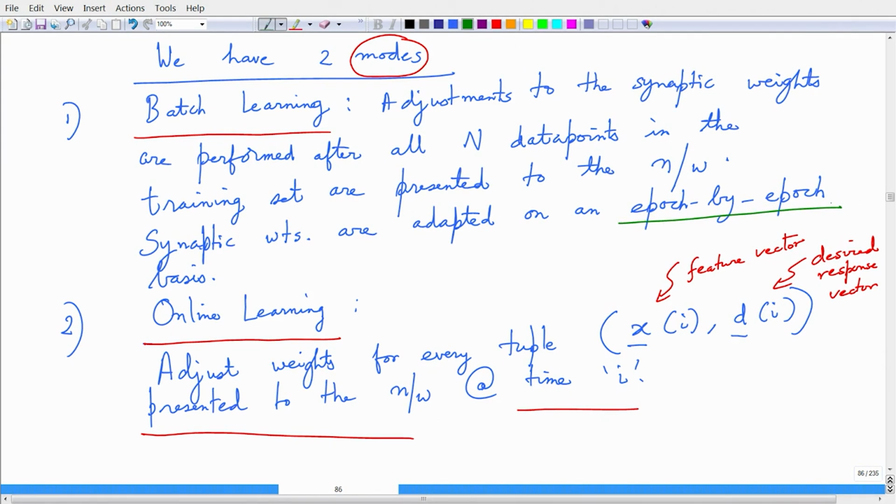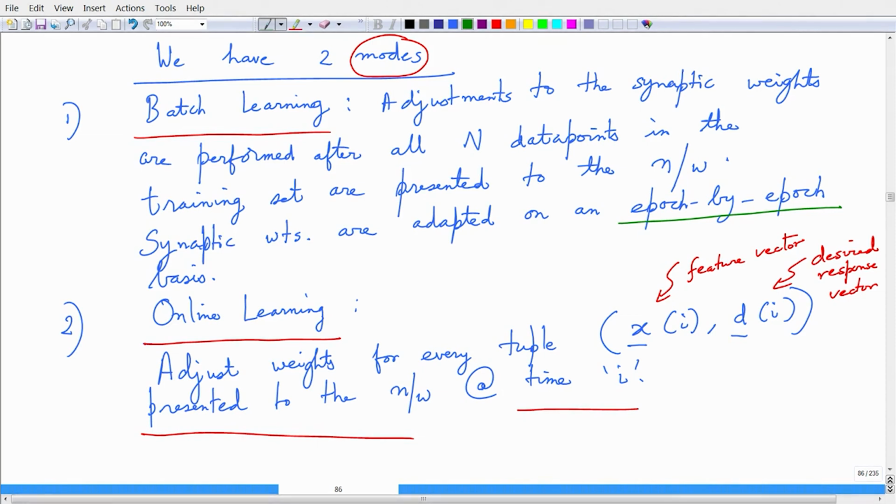So, one epoch has all the data points presented to the network, and then at one shot the weights are adjusted, and this continues, and maybe you could shuffle the inputs and then again present them to the network if you are not dealing with algorithms that are spatio-temporal in nature. But as long as you do not worry about the time order, you can shuffle and present it to the network, right.